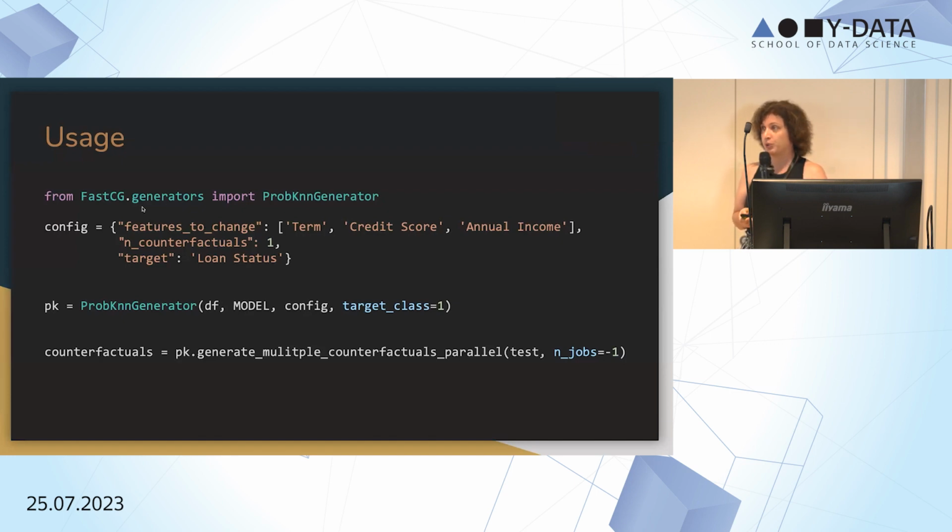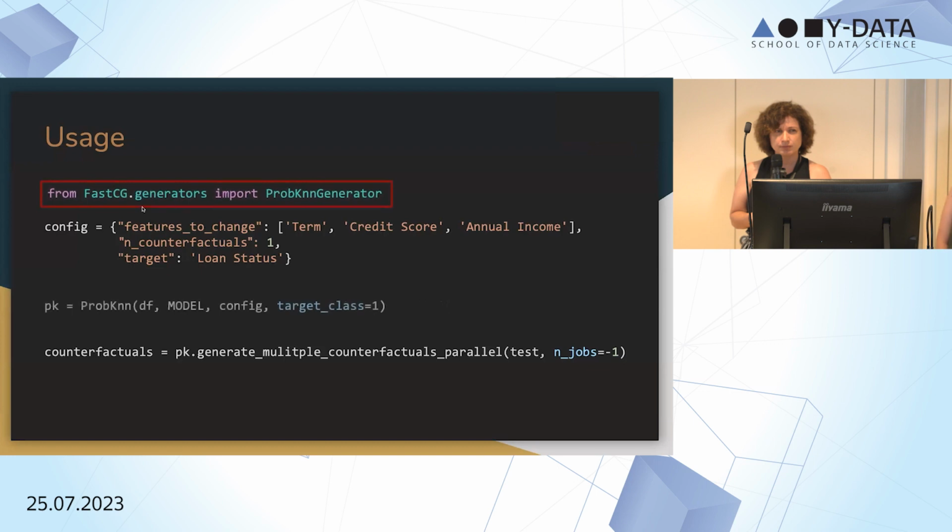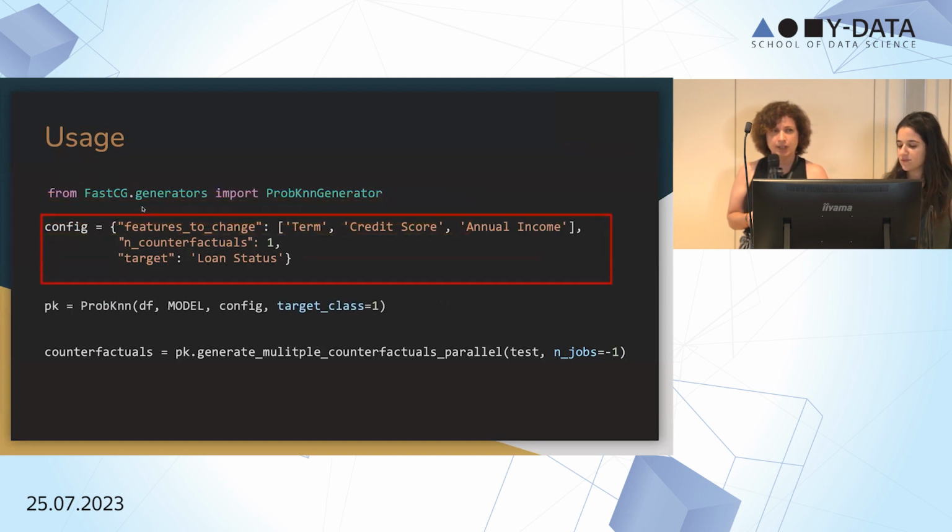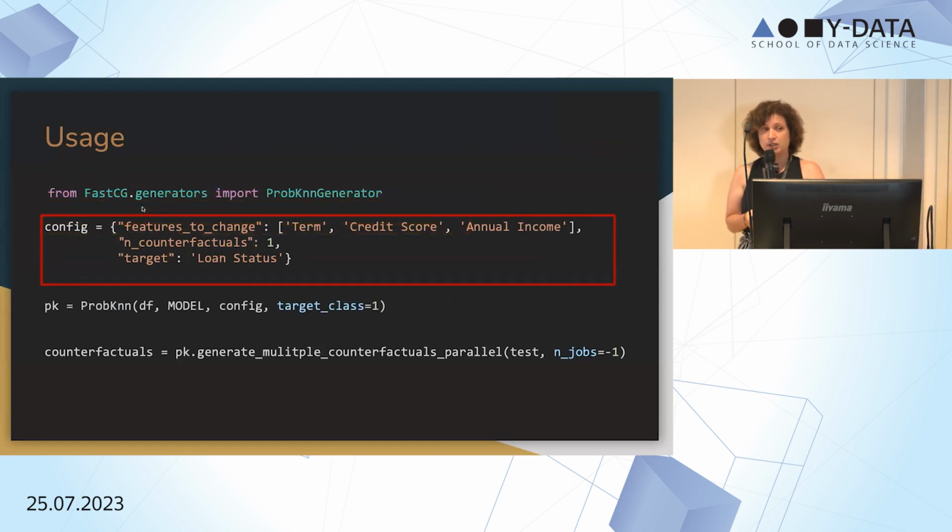Then you should also input an instance and load a data set into the model. And you should also choose the mode of the model. Then this is the configuration: features to change, number of counterfactuals, because in a future version we will also deploy multiple counterfactuals.